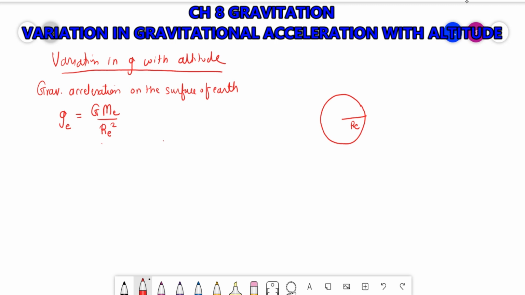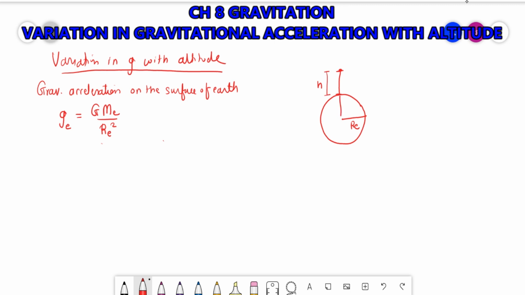Now, if we increase the height, it means the object is not on the surface of the Earth. Let's take it is at a height h from the surface of the Earth.